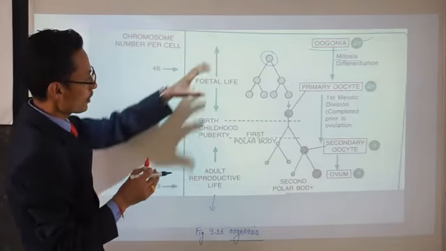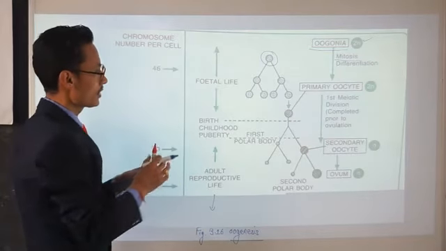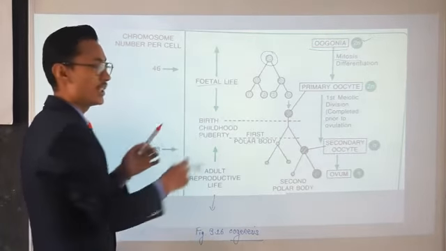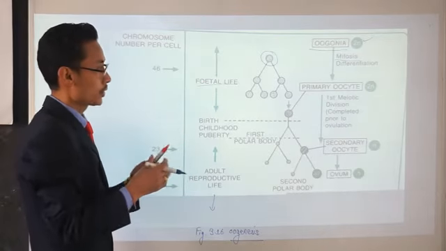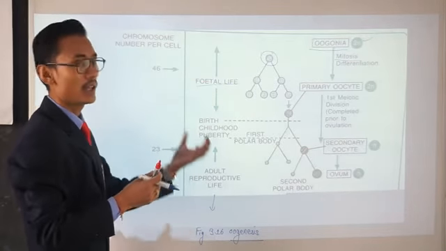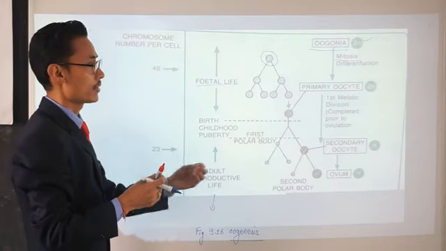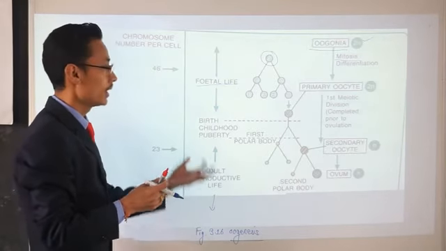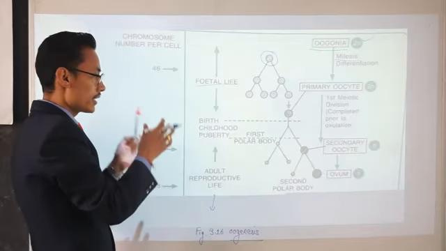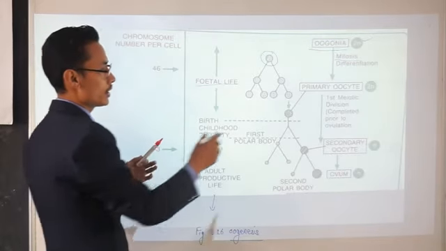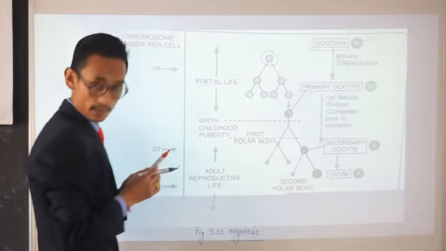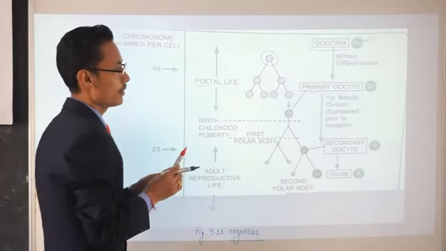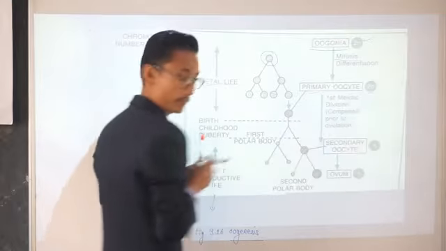So this particular process takes place during fetal life, during embryonic development of the female fetus. The oogonia will keep on dividing in number by mitotic cell division, right? Then in the second phase, which is called the growth phase, it will simply enlarge in size and form the primary oocyte, which will also be diploid.